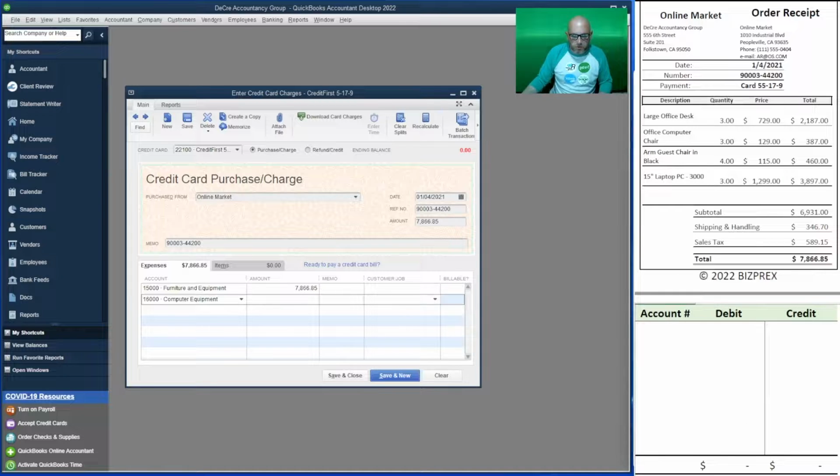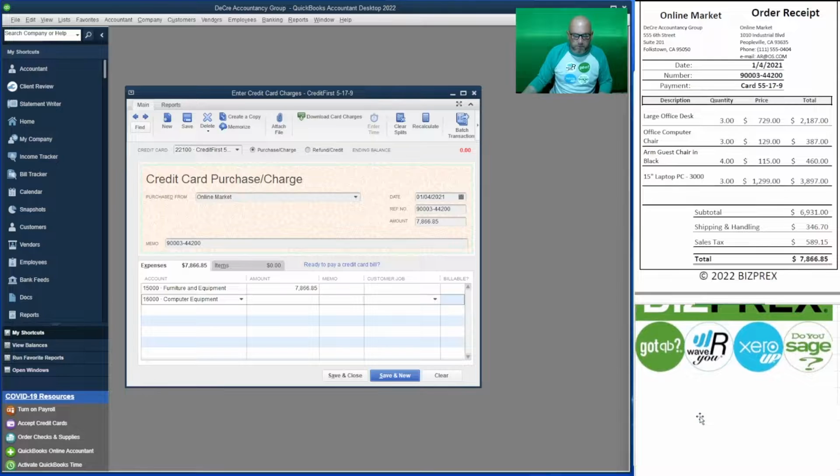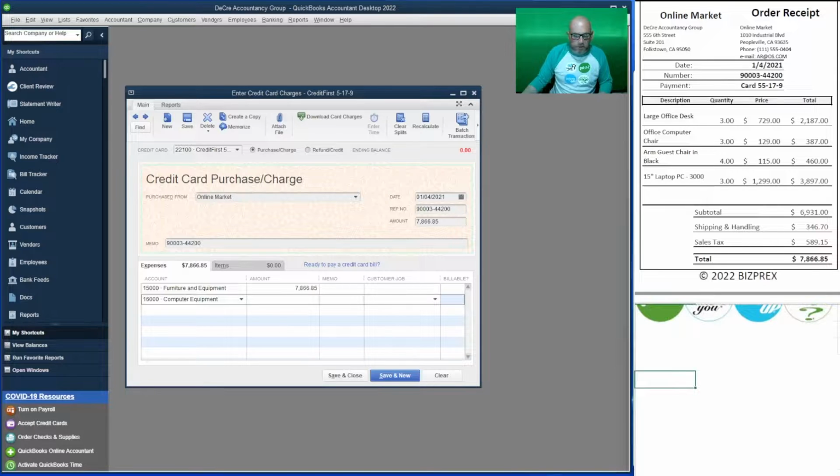Okay, so let's go ahead and allocate the shipping and handling and sales tax to each of the items. So let's go right here. So what do we have? Well, let's see. We have furniture, which adds up to, let's do the total for furniture.